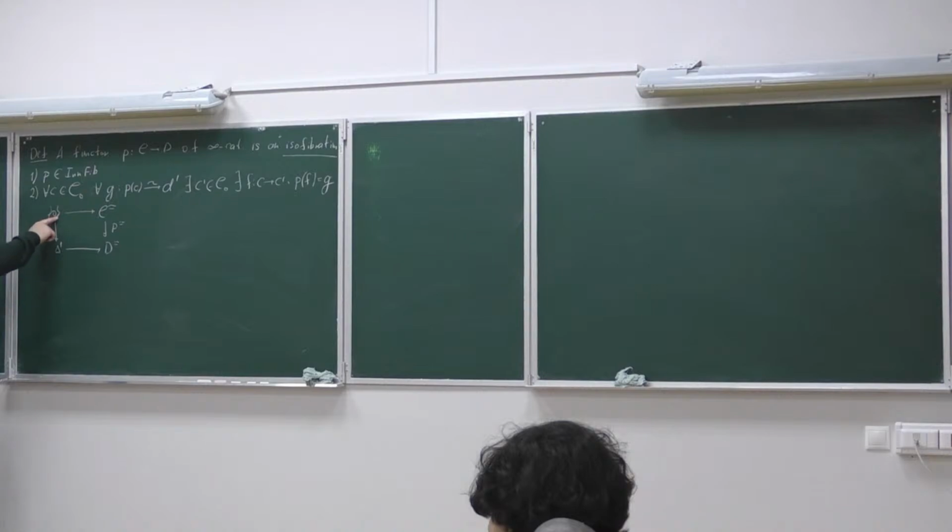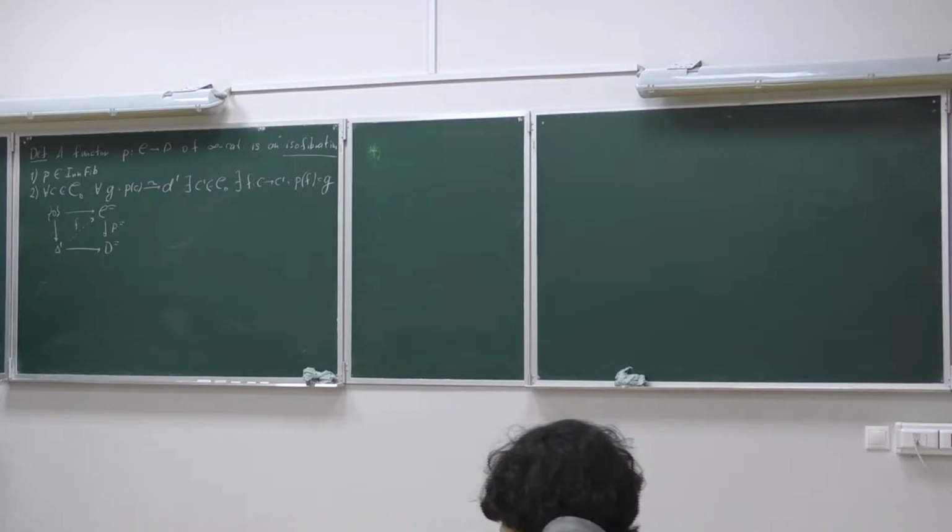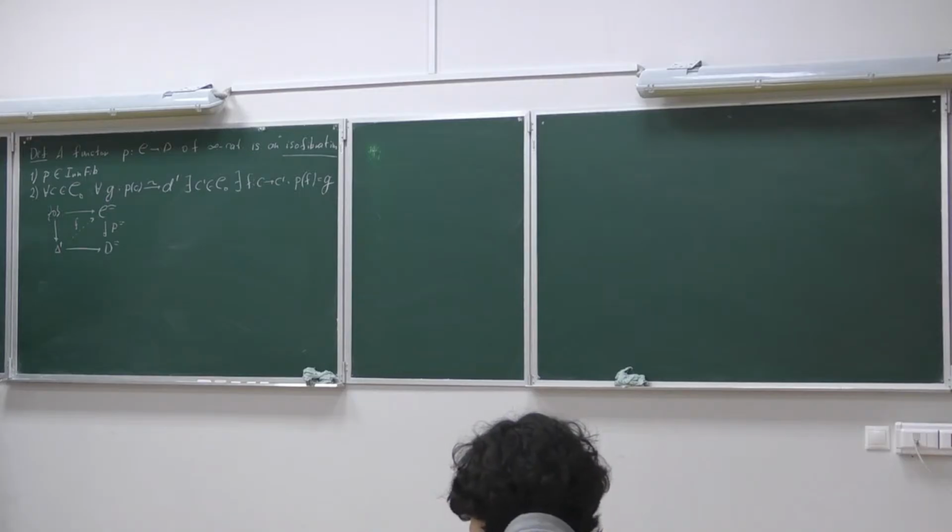So this 0 corresponds to this vertex c, this G is represented by this map from delta 1 to the maximal subgroupoid of D, and the existence of the lift is precisely the existence of this isomorphism F. So we can rewrite this as a lifting problem, but you can notice that unfortunately this is not for C and D, this is for the maximal subgroupoids of C and D.